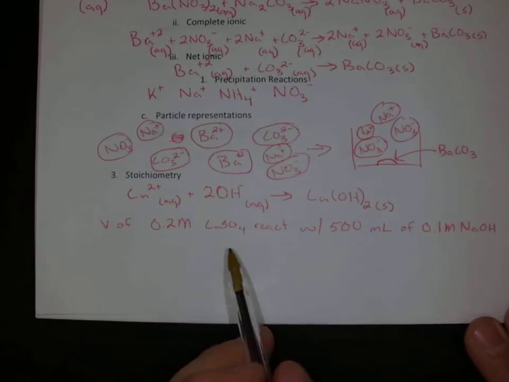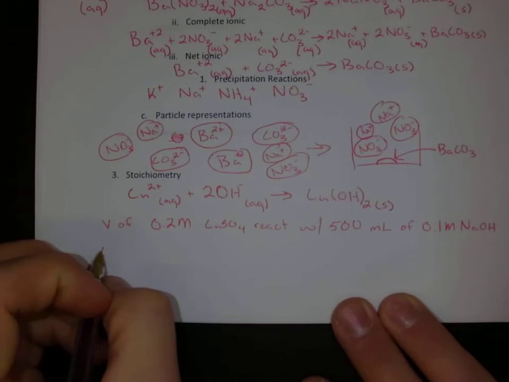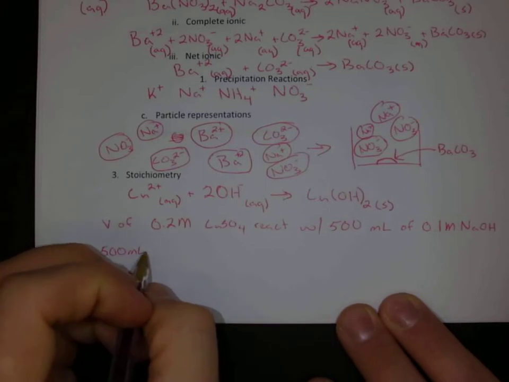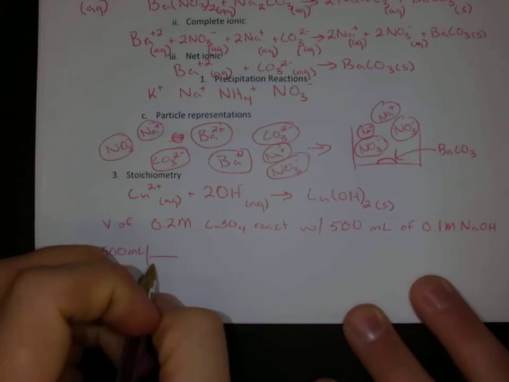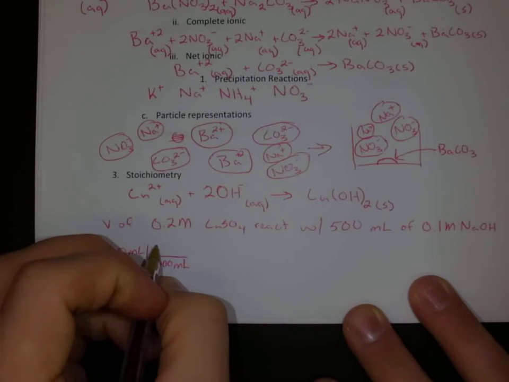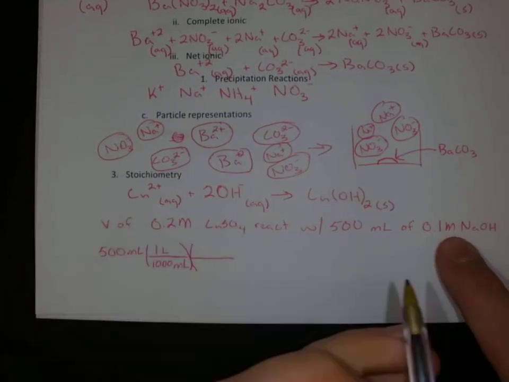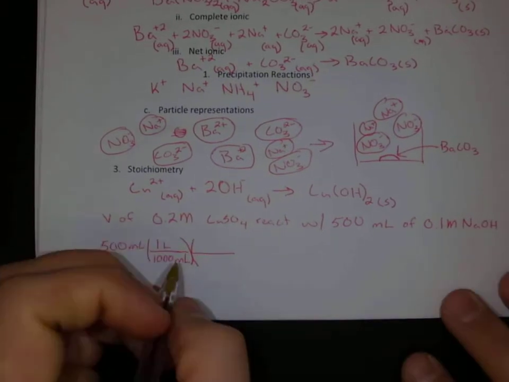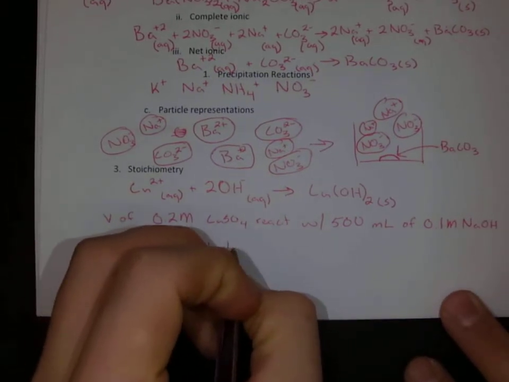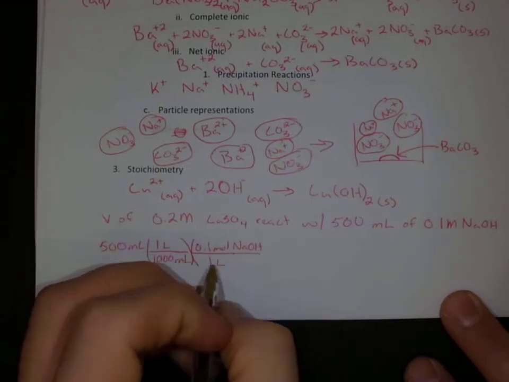So what we are going to do is say, if I have 500 milliliters, I'm going to write that 500 milliliters, and convert that to liters, so 1,000 milliliters to 1 liter. And then I have my concentration of NaOH. I have 0.1 moles of NaOH per 1 liter.